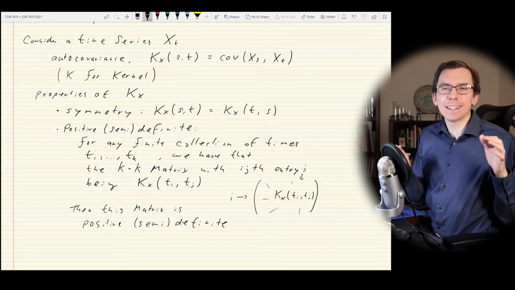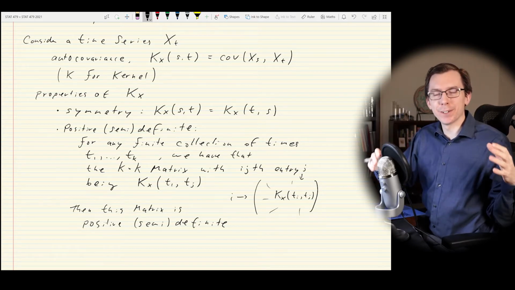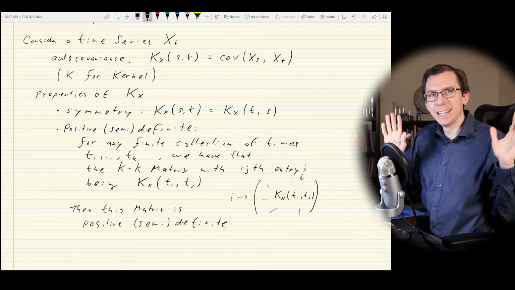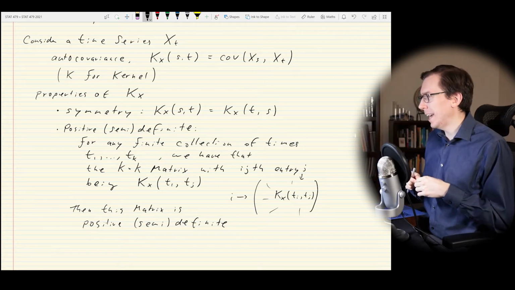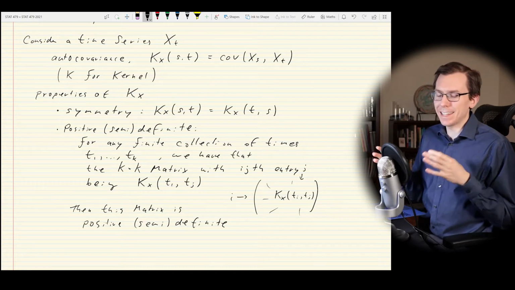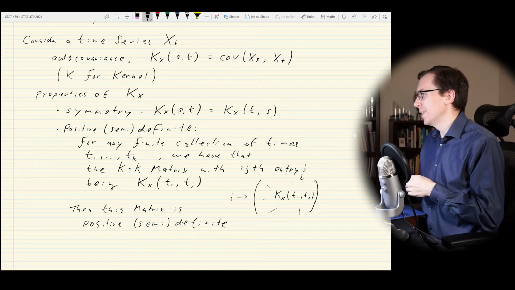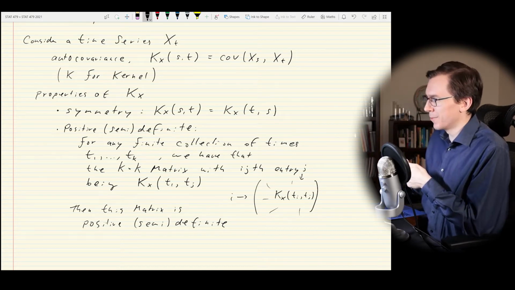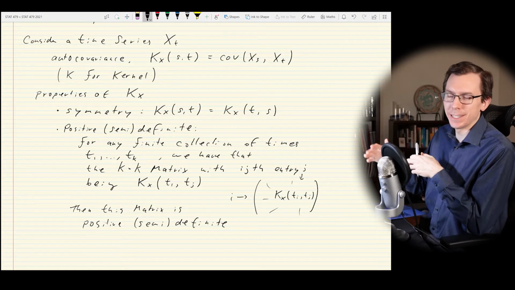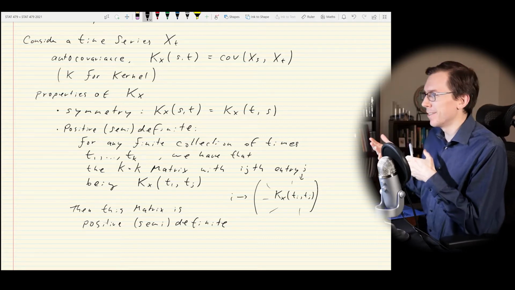So this is the way that we can extend the idea of a positive definite or a positive semi-definite matrix into an autocovariance function, which could be, in this case, indexed on infinite timescales. It could also be on continuous time, but again, we'll be dealing with discrete time for the sake of this course.